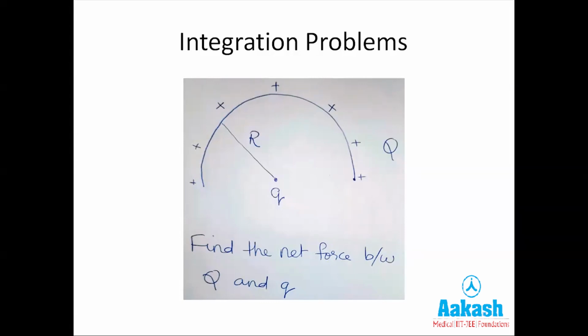We have to find a very small element dq on this ring and find the force between q and dq. But then too, if we integrate that force dF, we do not get the correct answer, because in this case dF changes its direction. So we have to take its components along the x-axis and the y-axis, and then integrate them separately to get the net force.